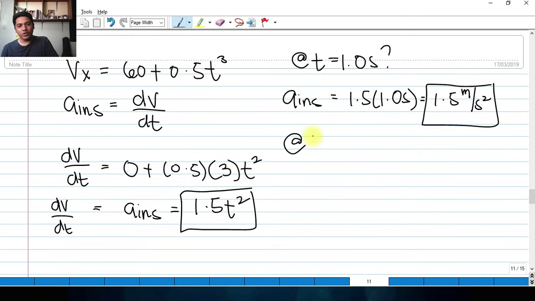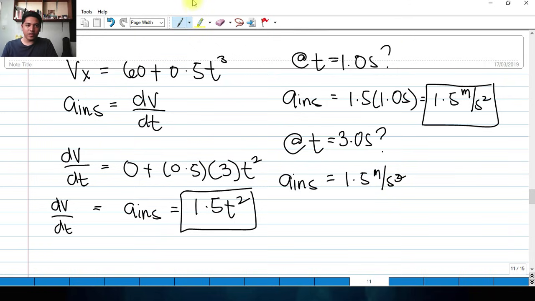So the problem is also asking, at time t equals 3 seconds, what is the instantaneous acceleration? A instantaneous is simply 1.5 times 3 squared. It doesn't matter as long as you know the units.